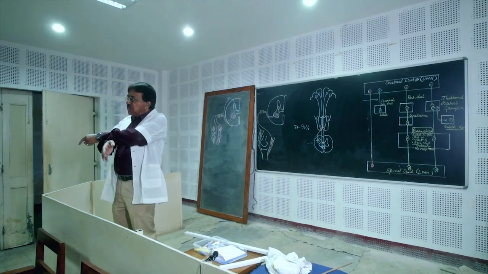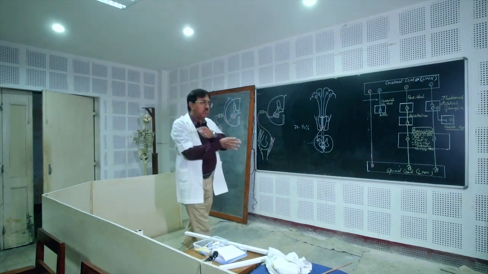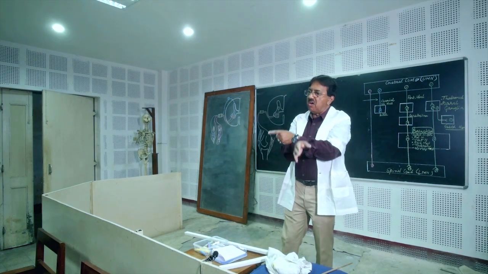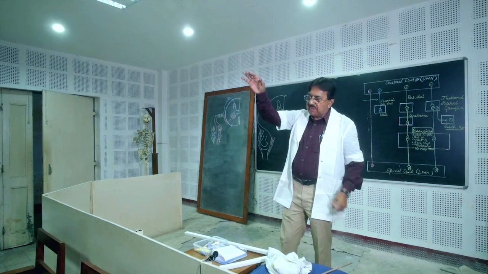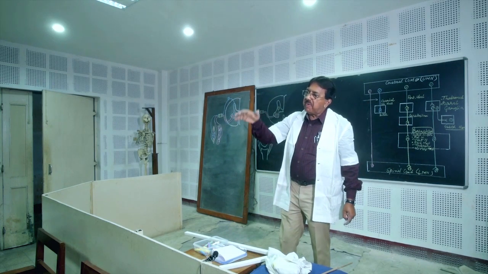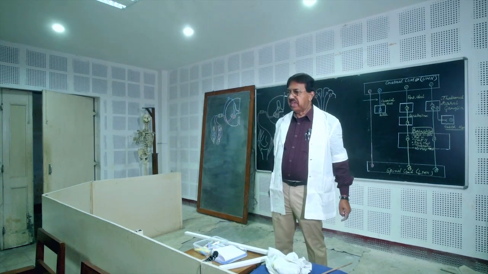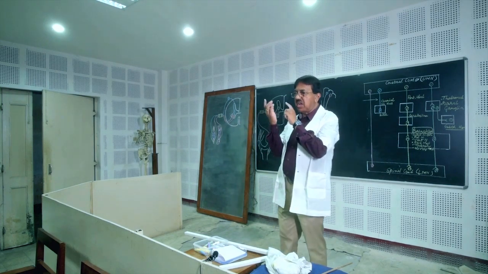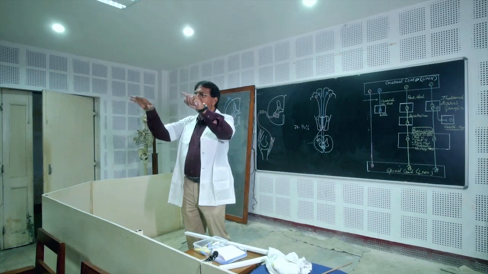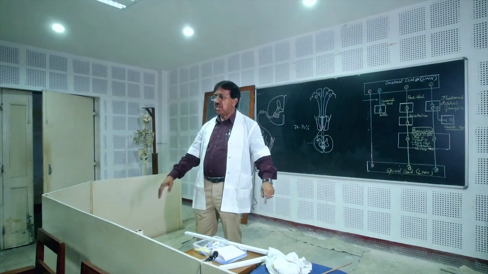But the corticonuclear tract, which projects to the motor nuclei of cranial nerves at different levels of the brain stem, has bilateral control, with the exception of only one nucleus, that is the inferior part of the facial nerve nucleus.